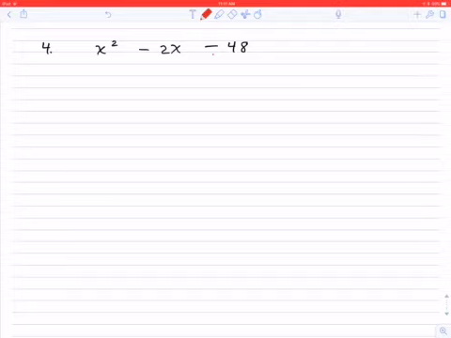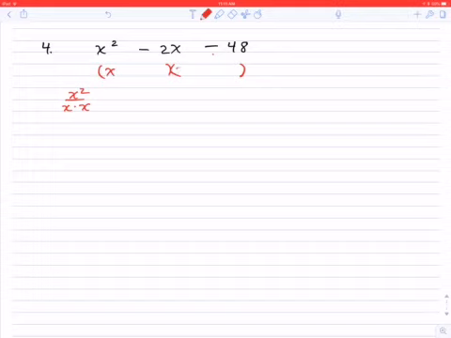To factor the trinomial x squared minus 2x minus 48, I'll start by setting up the framework for a binomial times a binomial. So to factor x squared, that's x times x. Now, factors of 48.